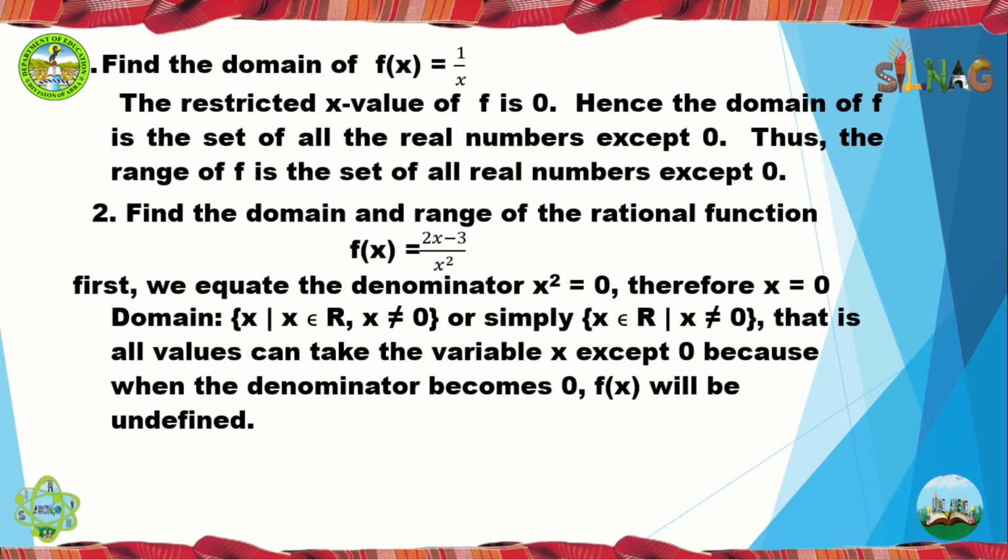So, the domain is the set of x such that x is an element of the real numbers where x should not be equal to 0. Or simply, it is the set of x where x is a real number such that x should not be equal to 0. That is, all values can take the variable x except 0, because when the denominator becomes 0, f of x will be undefined.